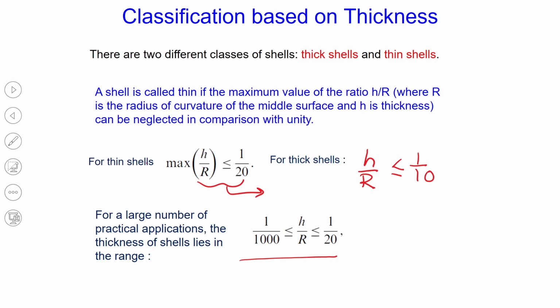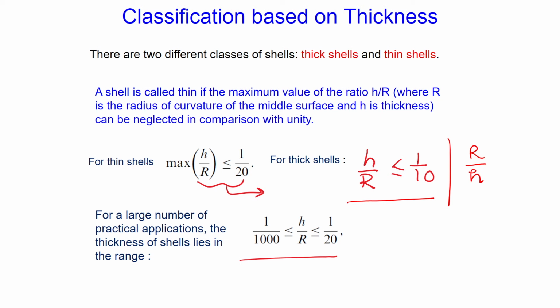Let us see how you define a thin shell or a thick shell. If h by R is greater than or equal to 1 by 10, or vice versa, if you want to write R by h, it is less than or equal to 10. Generally we write in terms of h by R, and if it is greater than or equal to 1 by 10, then it is considered as a thick shell.